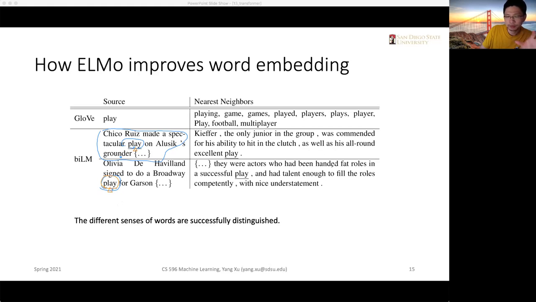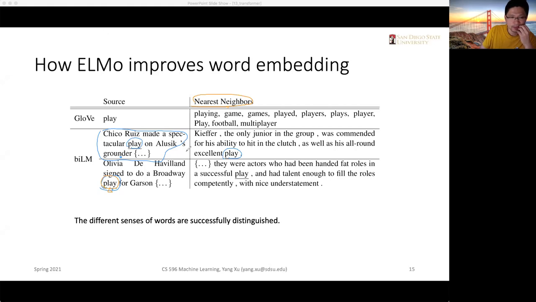In the example this study has shown, when we try to find the nearest neighbors of the word play, the blue play is associated with this play, as well as "his all around excellent play."